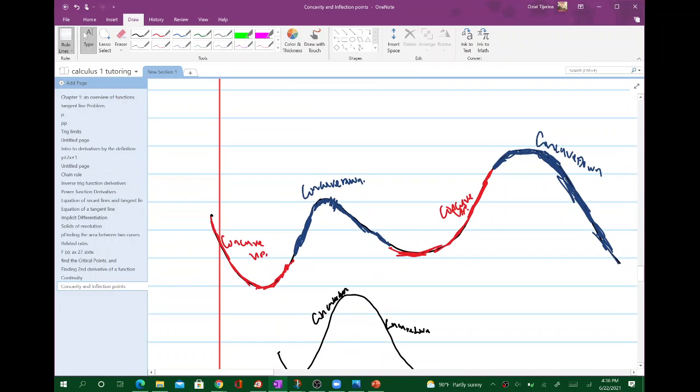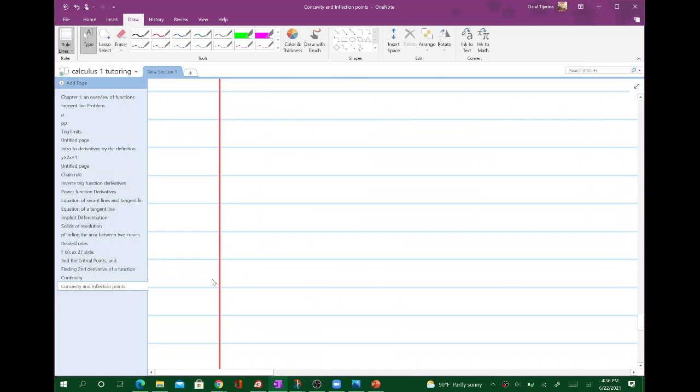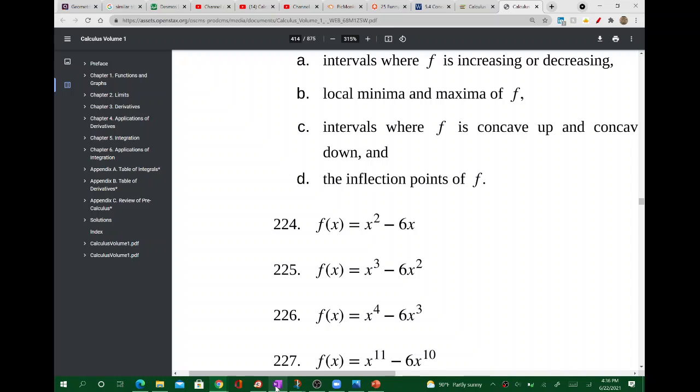Now this is how it looks when it's concave up, then concave down, then concave up again, concave down, etc. I feel like this should be more like this for concave up, and concave down should look more like this, right? I did my best in sketching it, but usually your book would show how it looks when it's concave up and concave down.